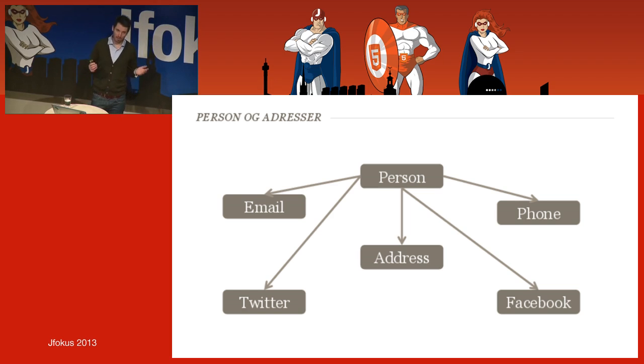And if you want to store this data in a relational database, this is your database structure. It's the only way to achieve one-to-many relationships in a relational database. But this isn't your data. The data is the person that has some attributes. And the only reason you have to model it like this is because of the restrictions the database puts on you.